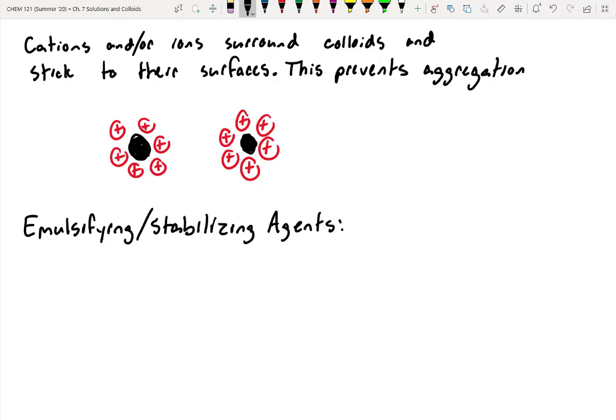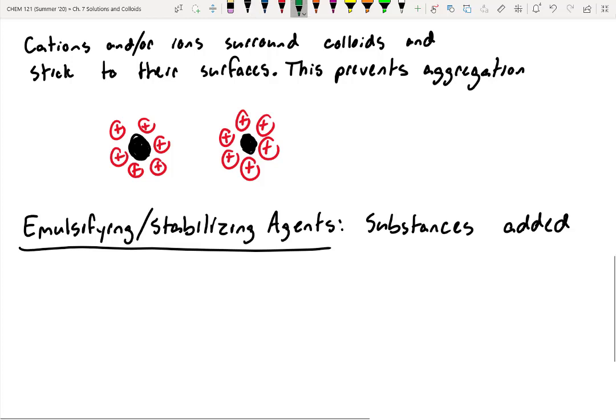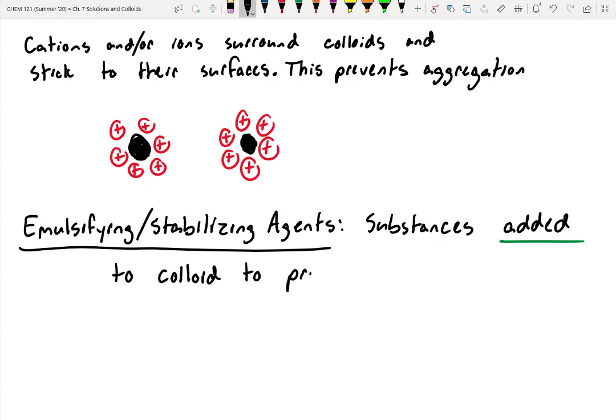And emulsifying and stabilizing agents are substances that are added to colloids to help prevent aggregation. So it's not a part of the original colloid, it's added to prevent aggregation.